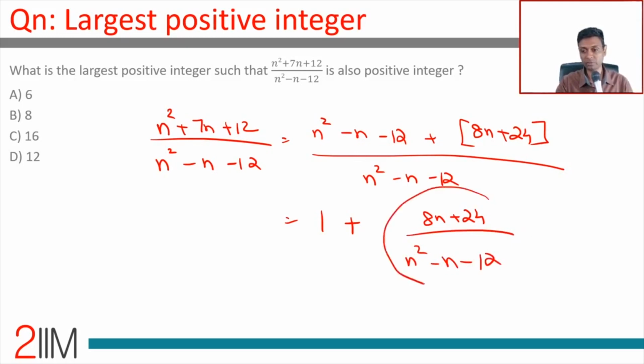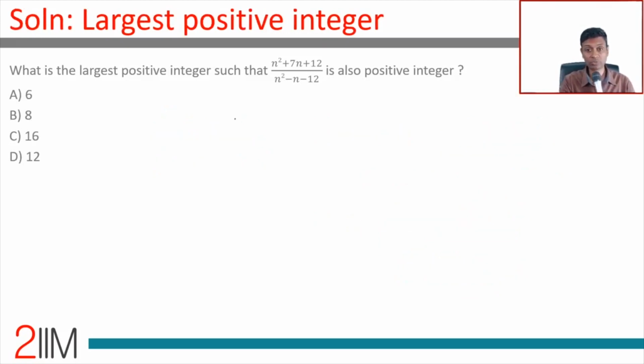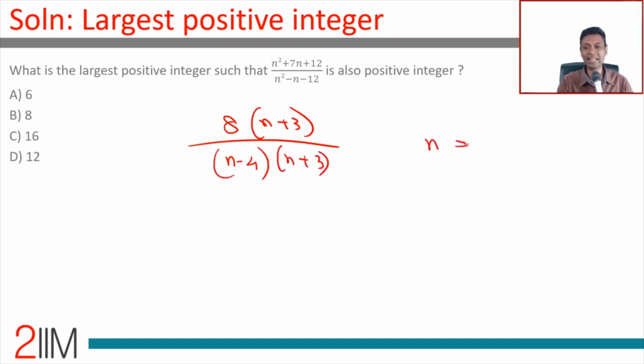Now let's look at this. If the whole thing has to be an integer, this has to be an integer. 8n plus 24 is 8 times n plus 3. N square minus n minus 12 is n minus 4 into n plus 3. N cannot be minus 3, so this can be knocked off. 8 by n minus 4 has to be an integer.